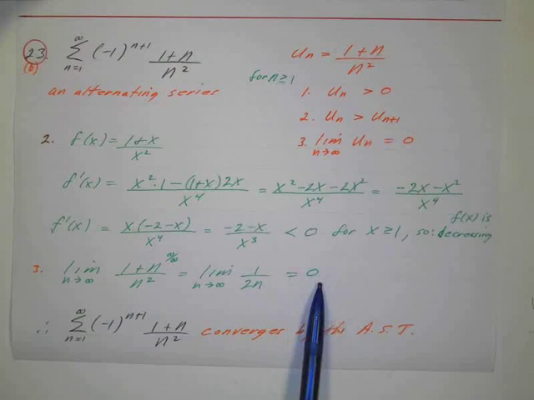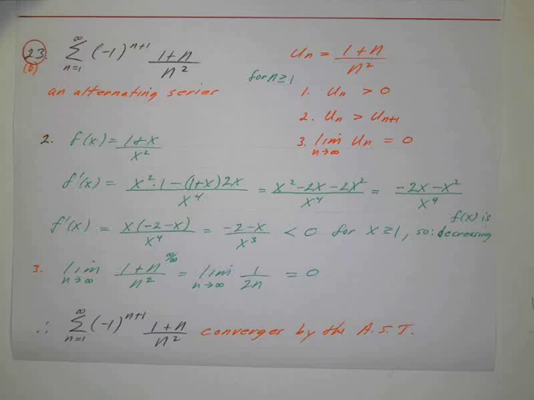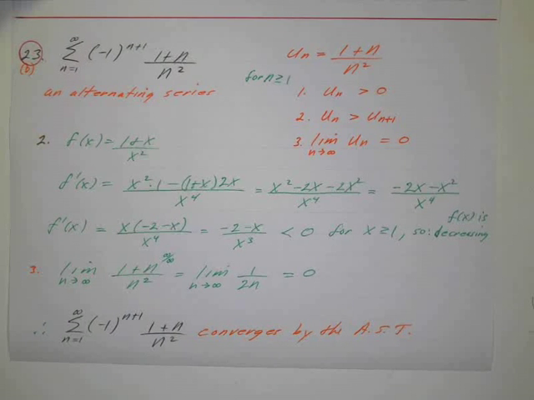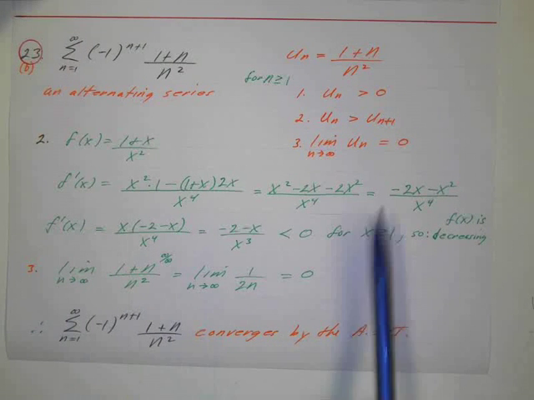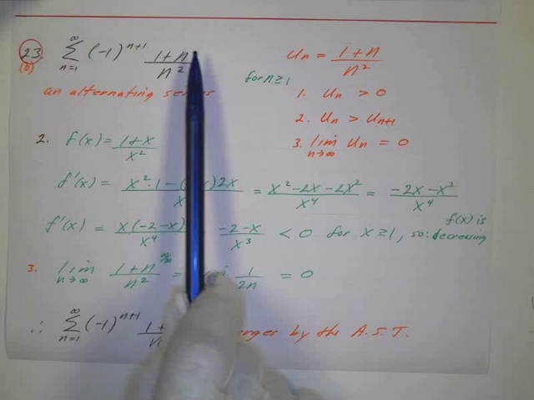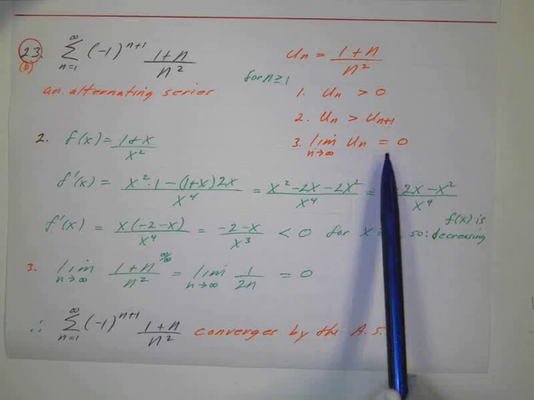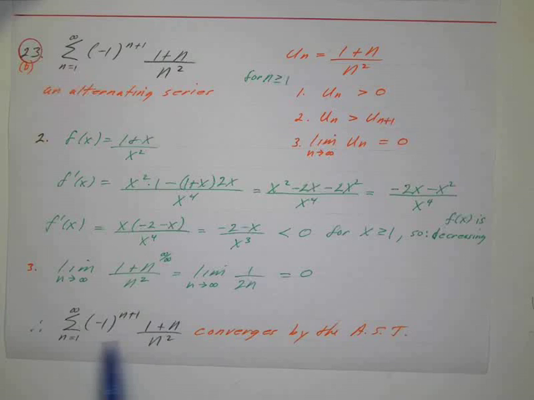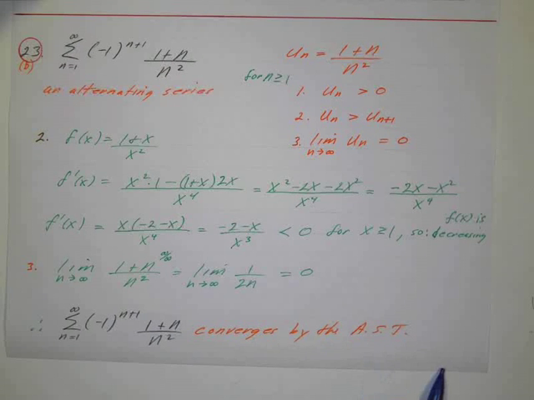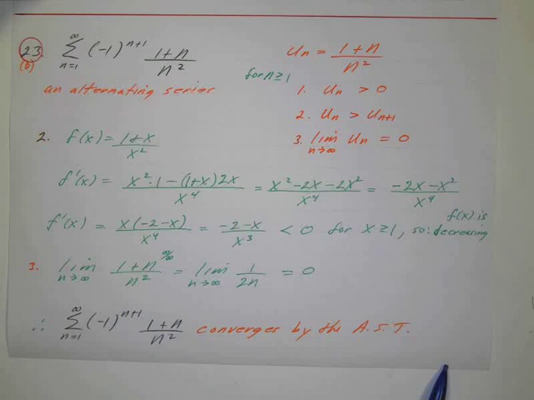If we take the limit of this as n approaches infinity, we get 0. So this is a little more formal way of doing that. If you're not too sure, you can try these methods, and this will help show that the alternating series meets these three criteria, so therefore the series converges by the alternating series test.